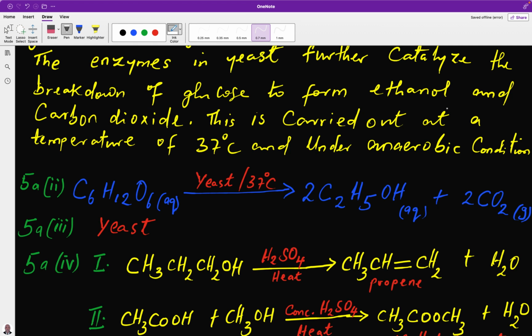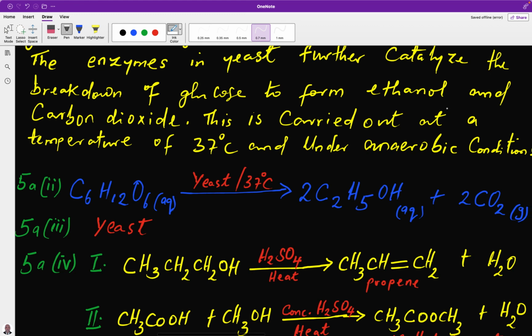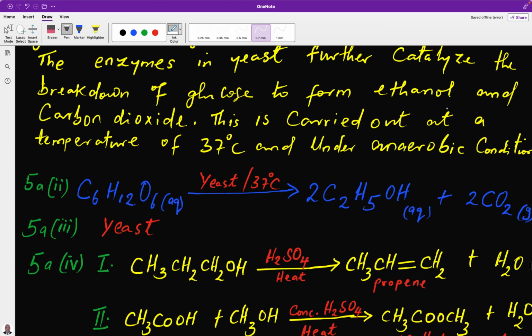The yeast is there as a catalyst at 37 degrees Celsius. We will have 2 moles of ethanol and 2 moles of carbon dioxide. Make sure your equation is balanced, please.